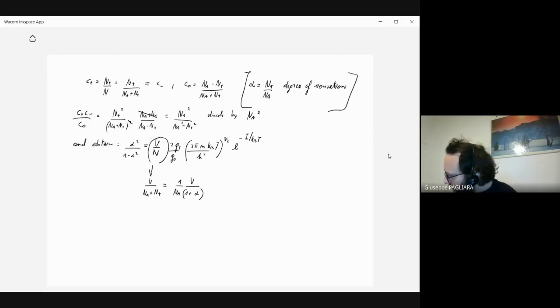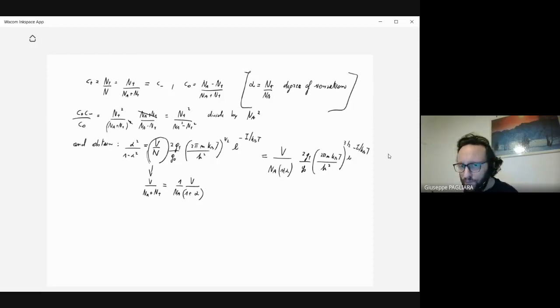In this fashion, this term here is equal to V divided by N_A (1 plus alpha), 2 g_+ divided by g_0, (2πm k_BT / h²)^(3/2), and then I have the exponential of minus I divided by k_BT.